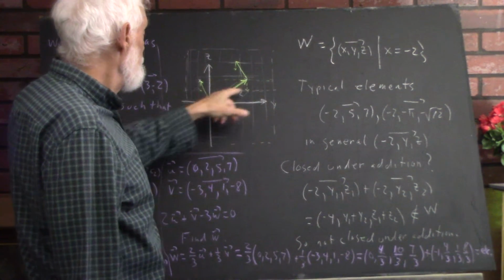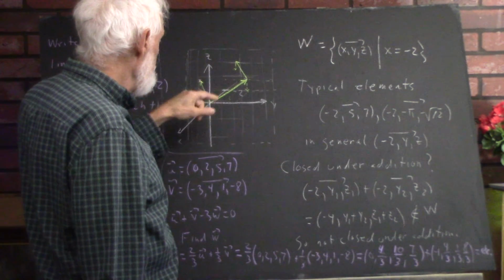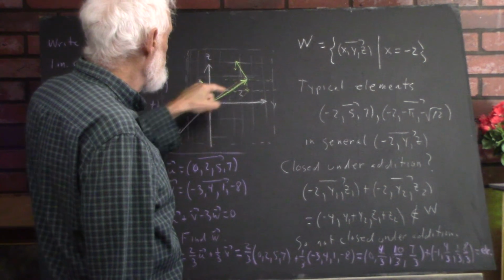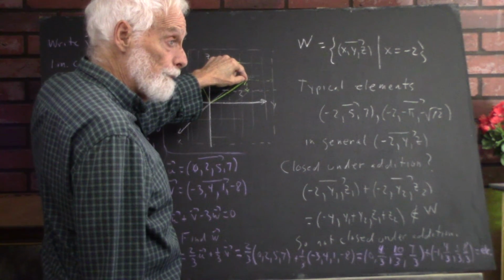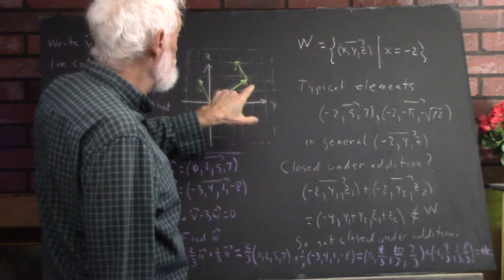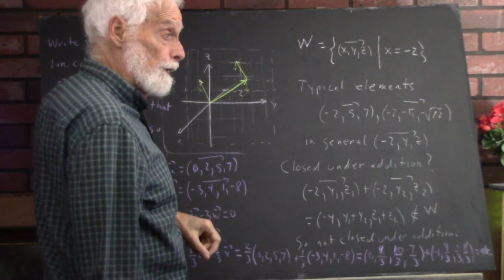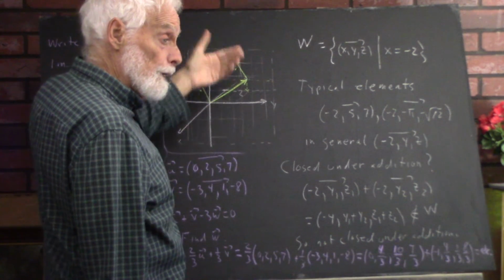If I add these two vectors, well, this vector is going to take me 2 units back from the origin. If I add this vector to this vector, it's going to take me 2 more units back from the origin. So it's not going to be in the plane anymore.